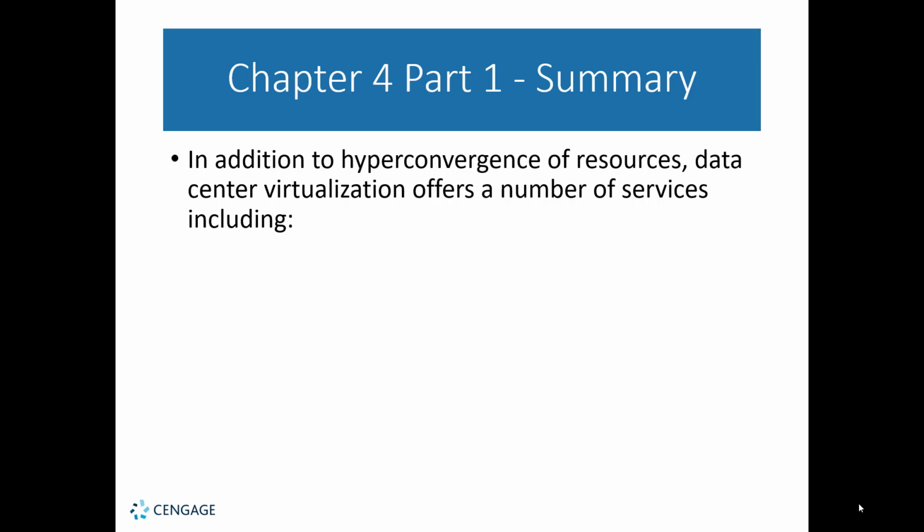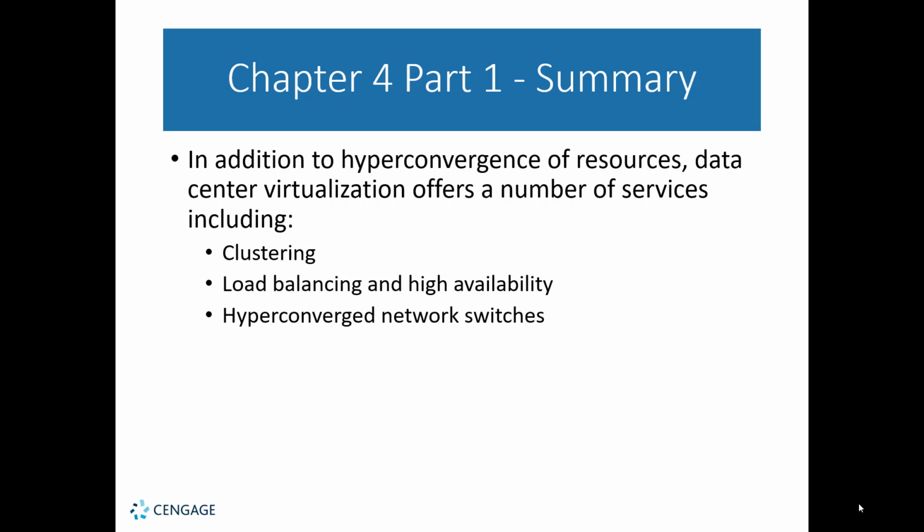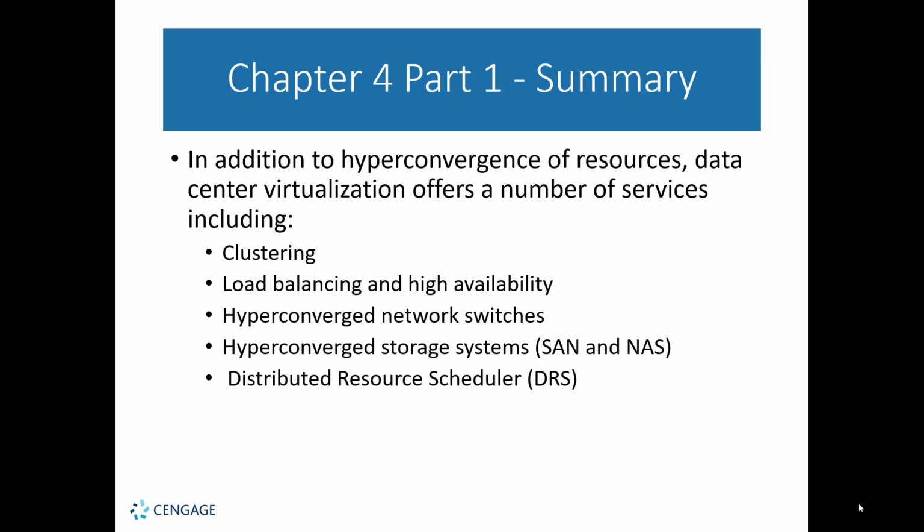In addition to hyperconvergence of resources, data center virtualization also offers a number of services such as clustering, load balancing, high availability, hyperconverged networks, and storage systems, as well as distributed resource schedulers that allow you to perform load balancing on an automatic basis. VMware has a product called vMotion that allows you to automate moving virtual machines between hosts.